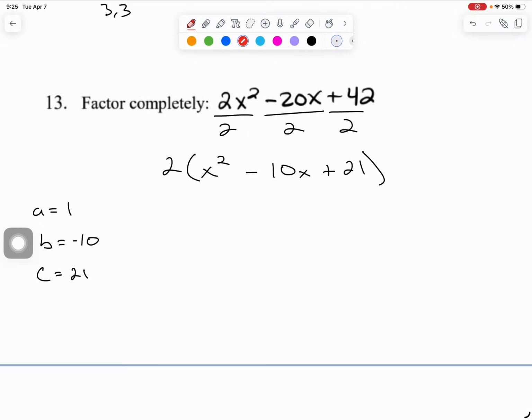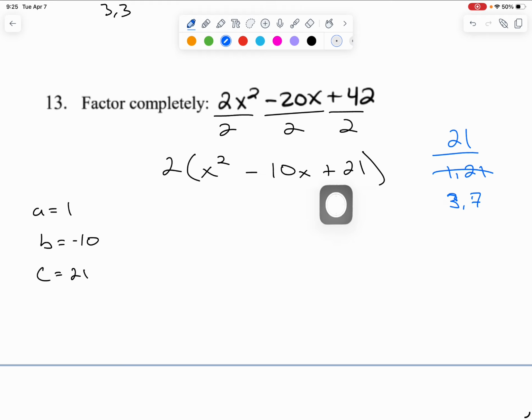All right, so we need the factors of 21, 1 and 21, that when combined, or in this case, added together, because c is positive, give us a negative 10. 1 plus 21 is 22. It's not going to work. 3 plus 7 is 10. Oh, but it's not negative 10. Well, guess what?